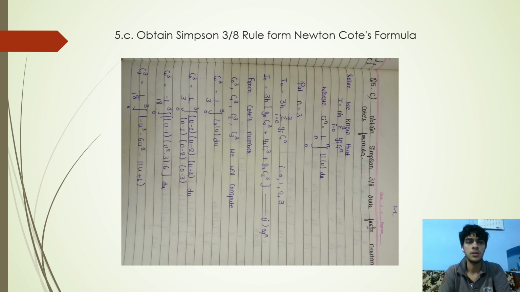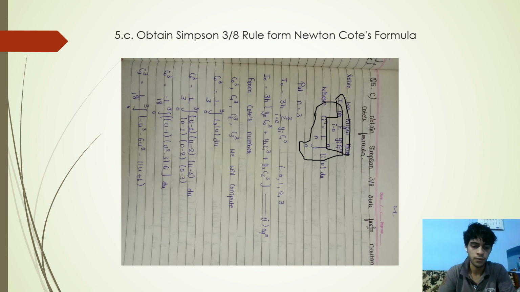Okay, so lastly we have to obtain Simpson's 3/8 rule from the Newton-Cotes formula. For this we know the formula for I is this right here, and where Cin is this whole thing. So we will put n equals 3 initially, and i equals 0, 1, 2 and 3, so I0 equals 3h times the summation from i equals 0 to 3 of yi times Ci3.